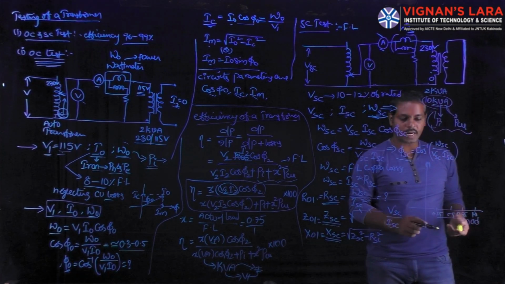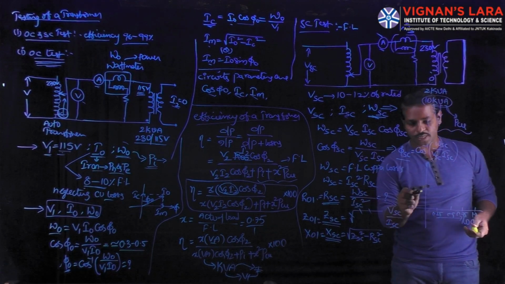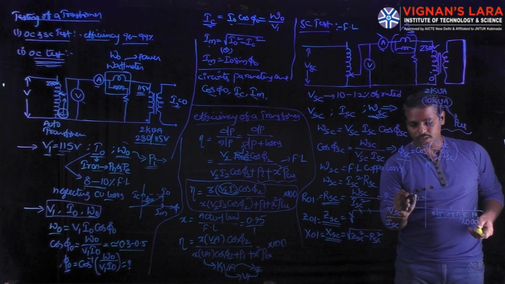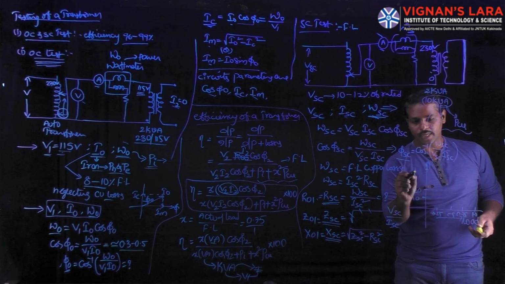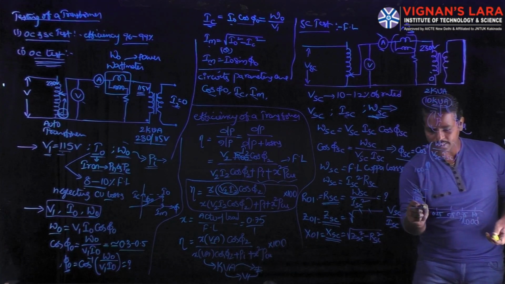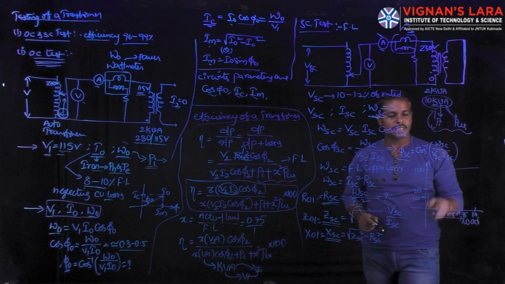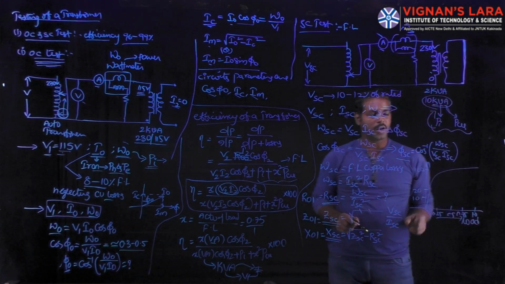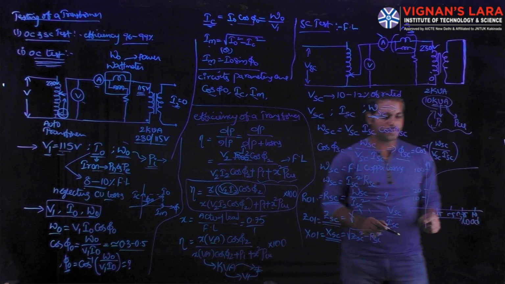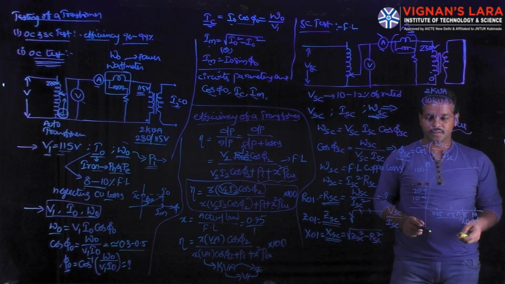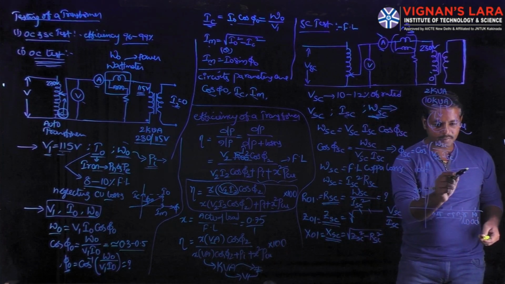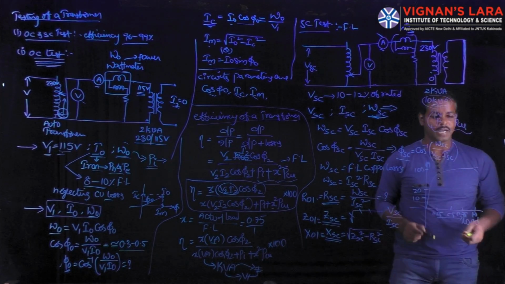In both cases we always use either 10%, 20% up to 100%. The characteristic drawn between these two is like this. This is the efficiency curve of a transformer. After reaching the maximum value, it reduces.